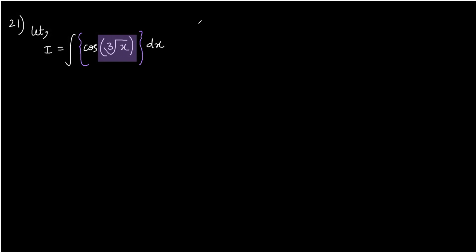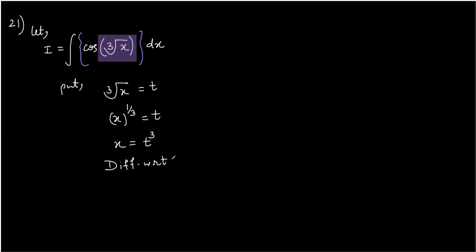So I will put cube root of x equals to t. Now you know cube root is nothing but x raised to 1 by 3 equals to t. I take cube on both sides, so here I will get x equals to t cube. Then I differentiate this with respect to, you can differentiate with respect to x or t either.